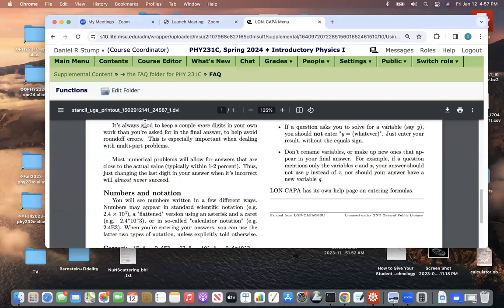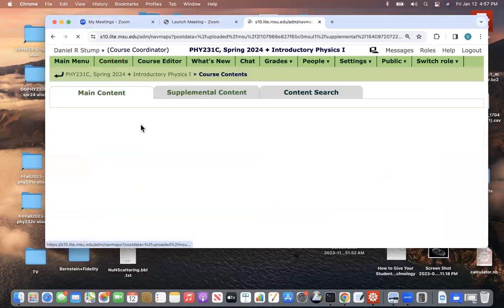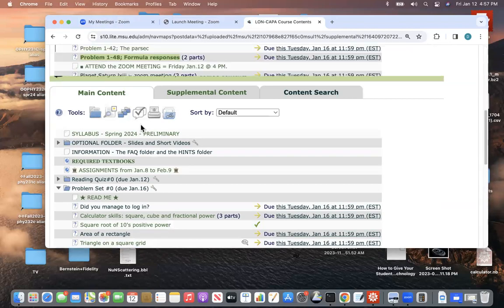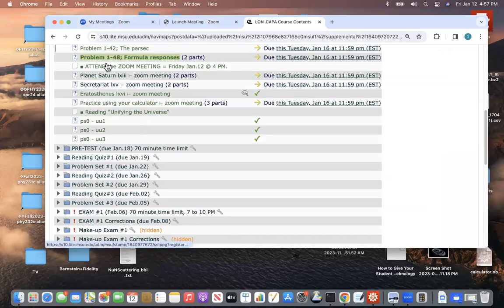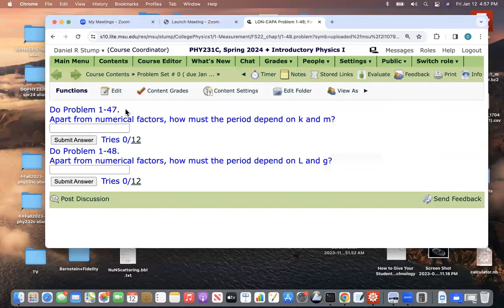So if I go back to the problem, 147, 148, do problem 147. I can tell you where you can read about this.